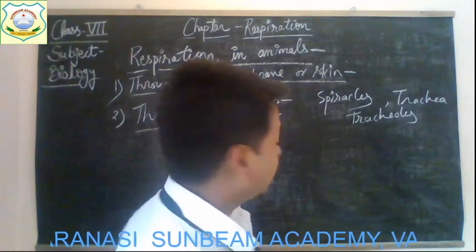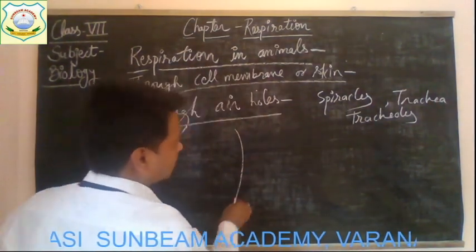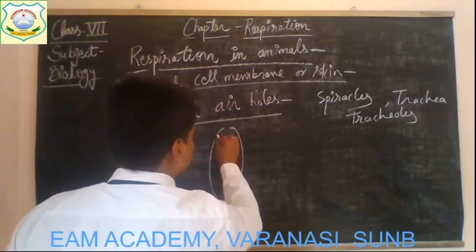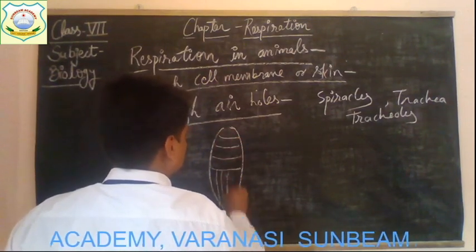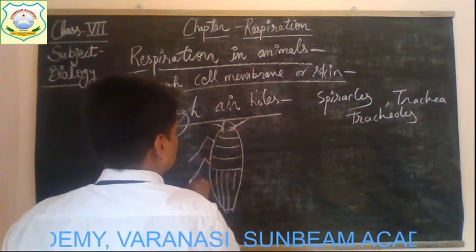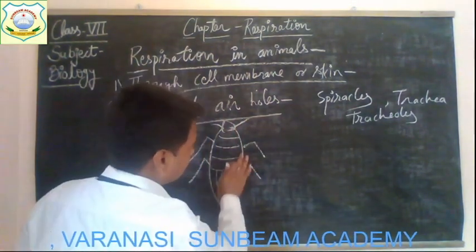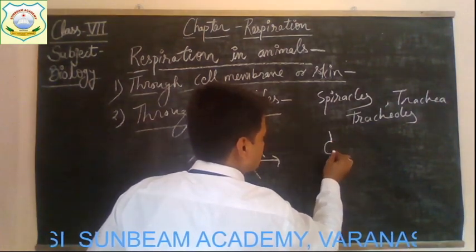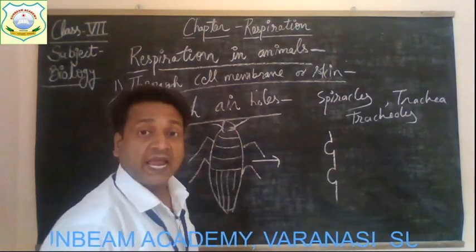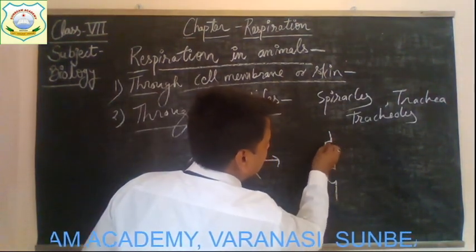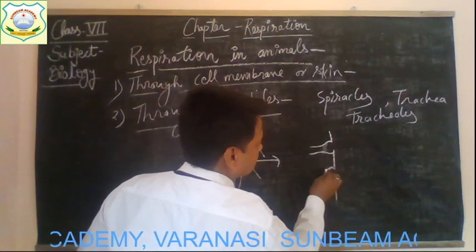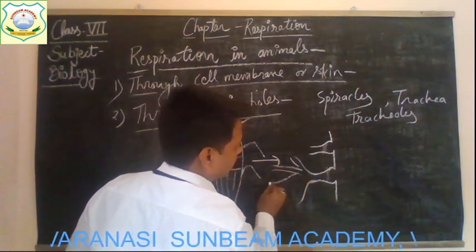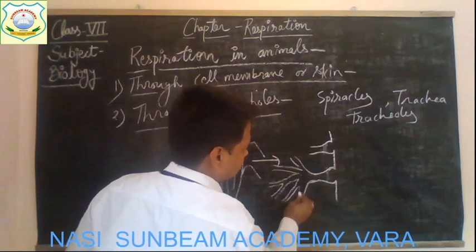You can understand it this way: if this is the body surface of the insect, say a cockroach, then on the surface of the body they have small openings, and these openings go inside the body to different organs and divide into many fine branches.